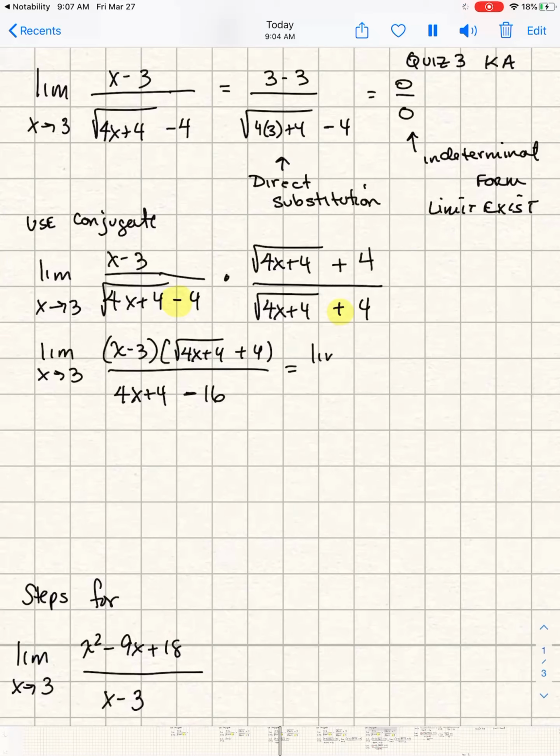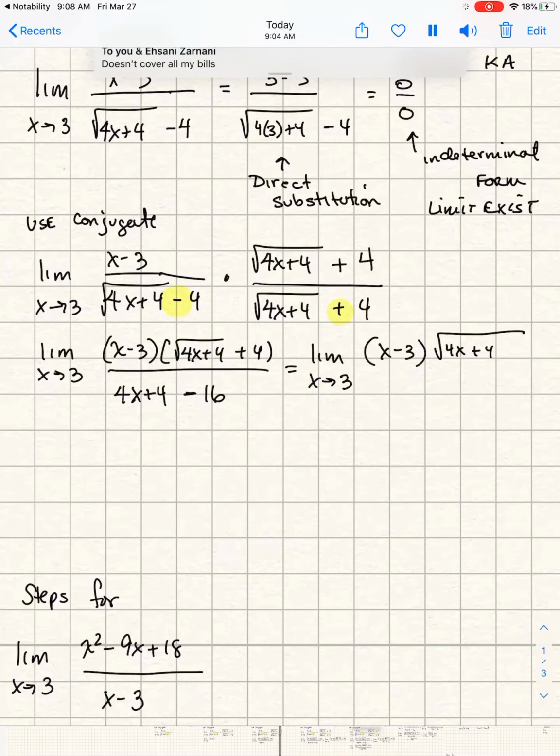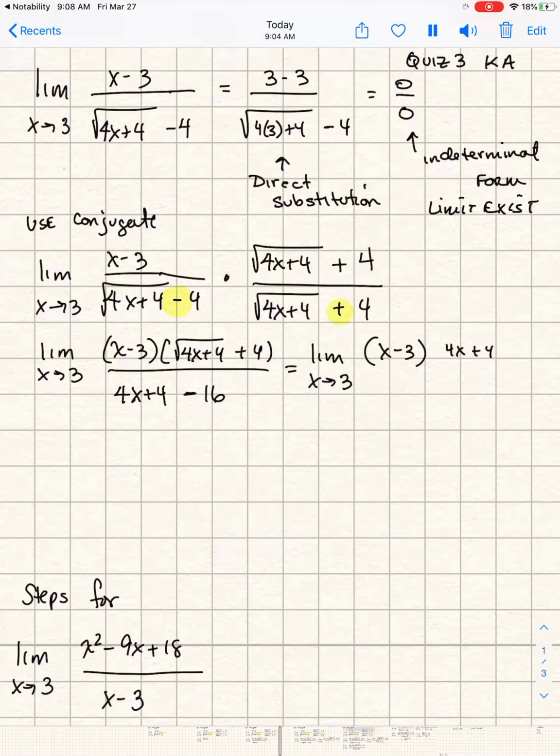So let's simplify that. You have the limit as x approaches 3. Keep this the same. And over here, let's simplify. So we get 4x minus 12.